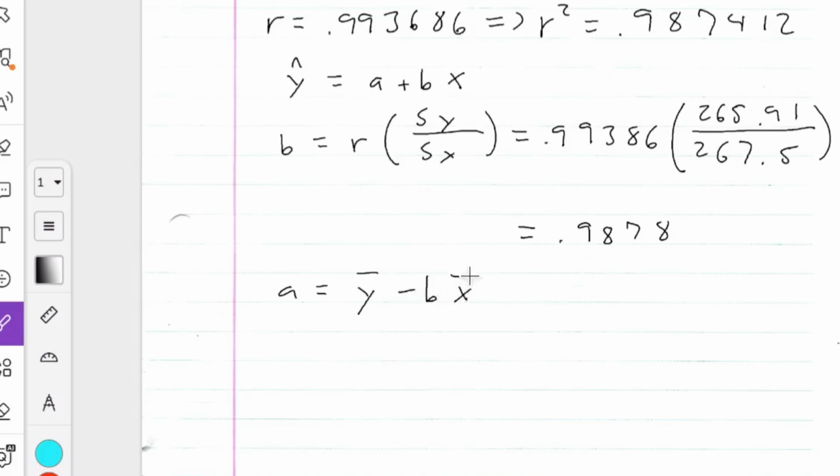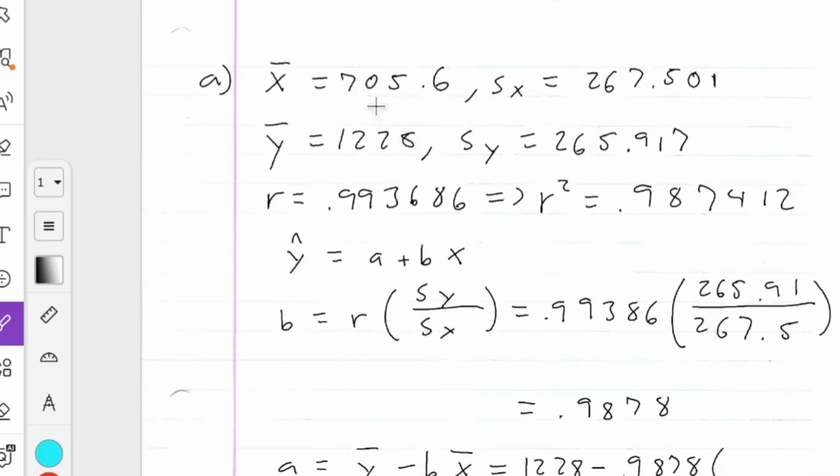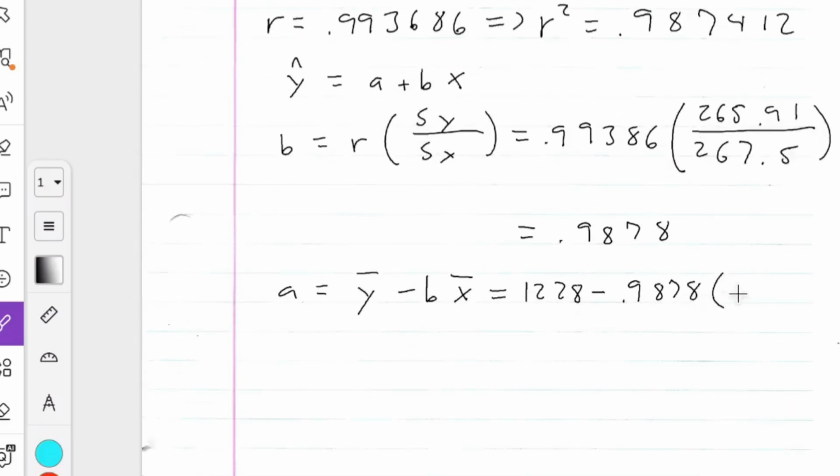And then our A is equal to y bar, the mean of y, minus b times the mean of x, which is 1228 minus 0.9878 times x bar, which was 705.6. And that'll give us 531.006.